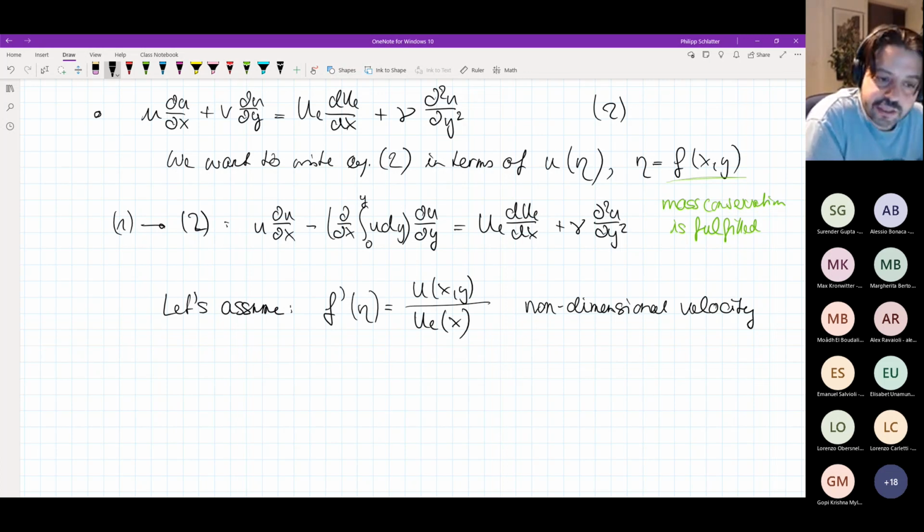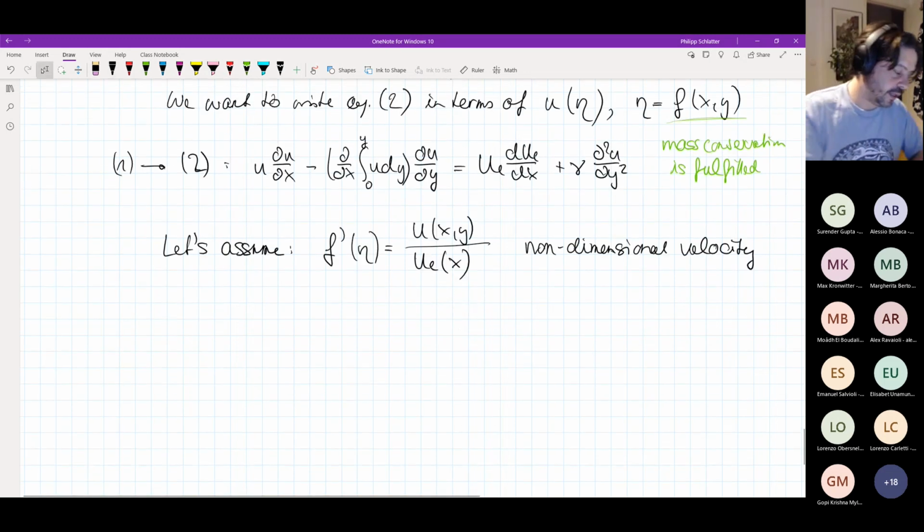For now, this is just a definition, and we will see later why it's useful to call this f prime and not f. We could also continue the derivation with just f and then realize later on that we need to change it to f prime. But for now, we just define f prime in this way.